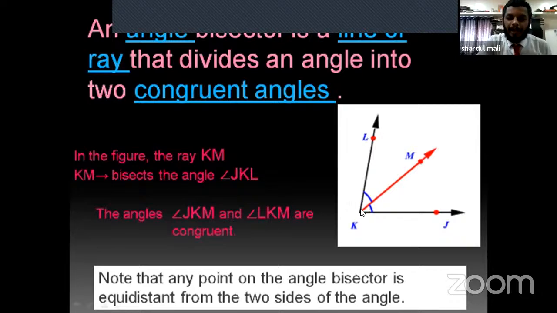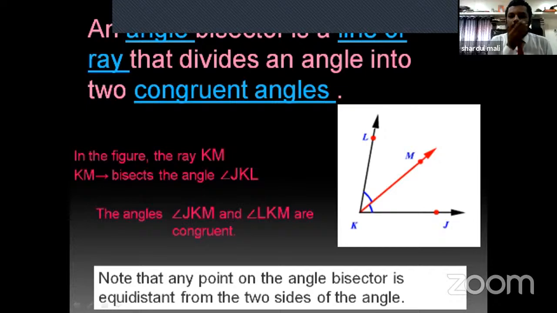Point L is on the ray KL, point M is on the ray KM, and point J is on the ray KJ. Point L and point J are at the same distance from point M. It means that every point on an angle bisector has the same distance from the arms of the angle.